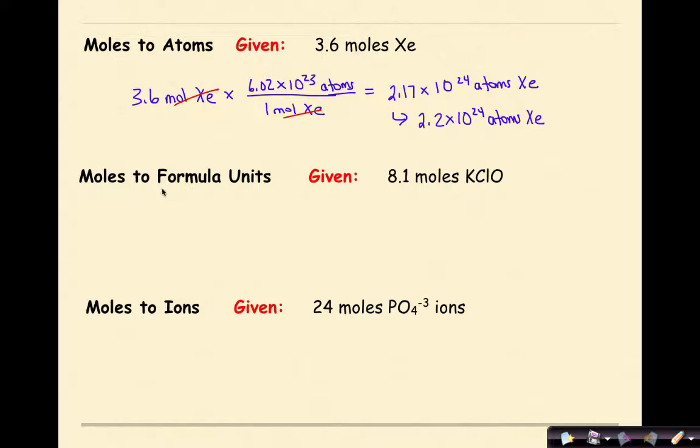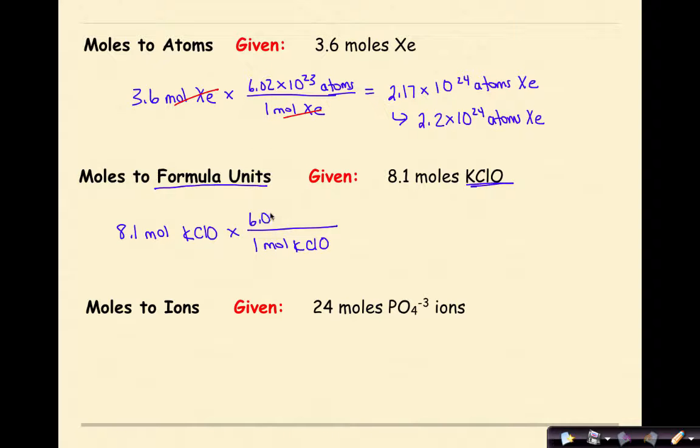Moles to formula units. Remember, formula units represent ionic compounds. Ionic compounds, when we talk about them, we refer to them as formula units. So my given here is 8.1 moles of KClO, multiplication sign and a line. 1 mole of KClO on the bottom. I'm looking for formula units.